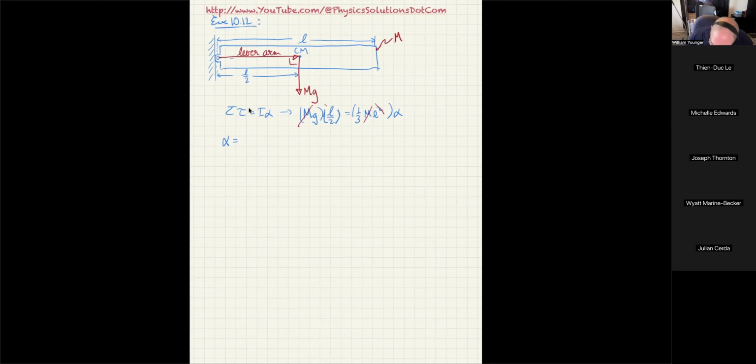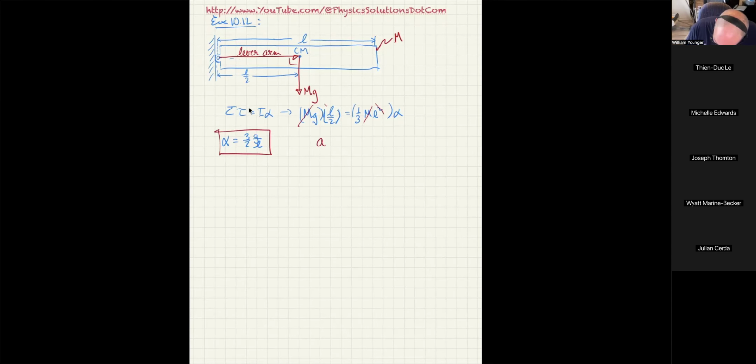So now you can see that I get alpha is equal to 3/2 G over L, and that's the actual angular acceleration of this. That's not necessarily that big of a deal, and I'm certain y'all don't necessarily know anything's weird about that, but what is weird is when I calculate the acceleration at the end.